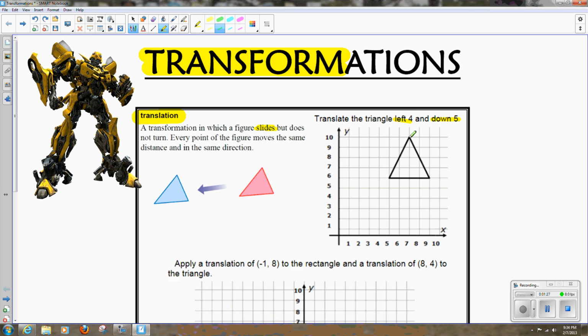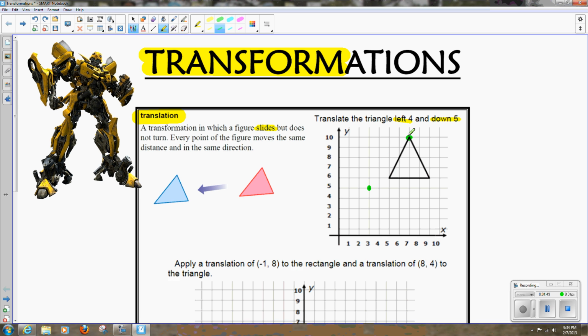The easiest thing to do is to look at each point. I'm going to take each point and move it left 4 and down 5. So 1, 2, 3, 4 to the left, and then down 5. 1, 2, 3, 4, 5.